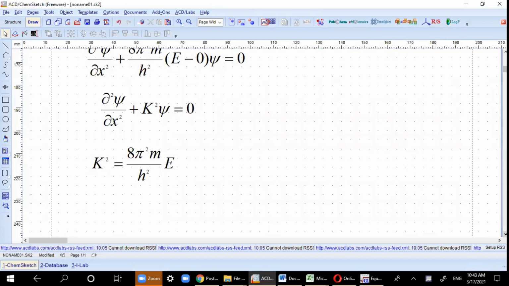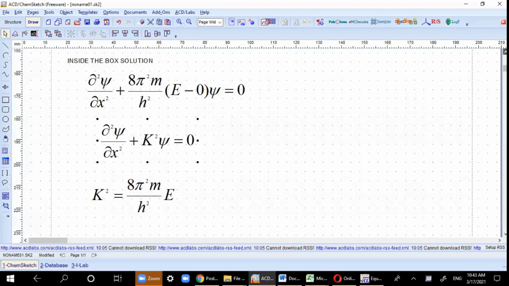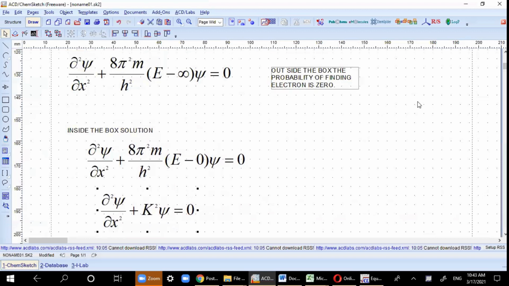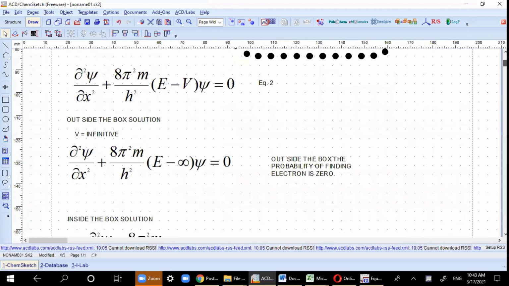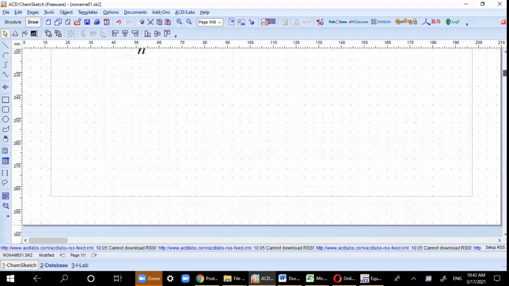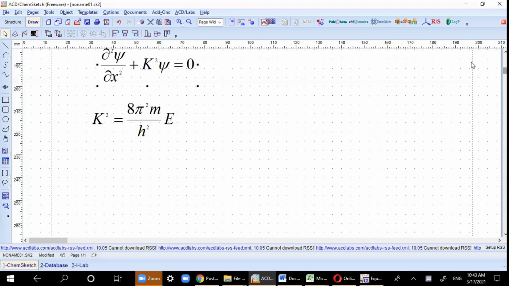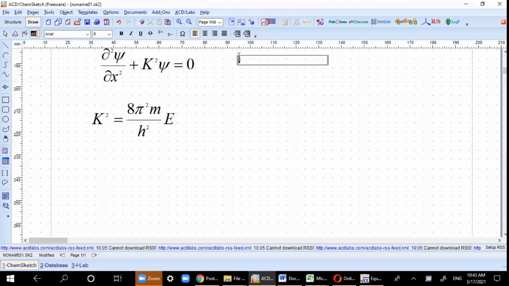Now, this type of equation, let us give numbering for it. This is equation 2, okay? The first one is equation 2, and then 3, 4, 5 and 6. Now let us see the solution for equation 5.